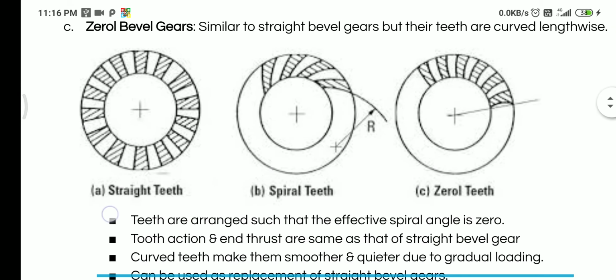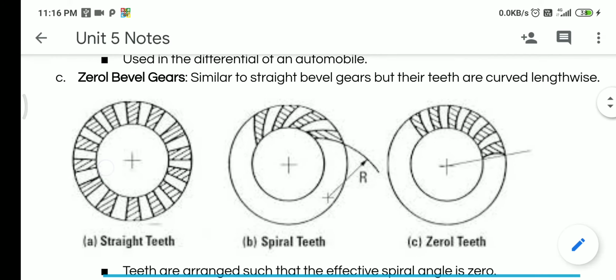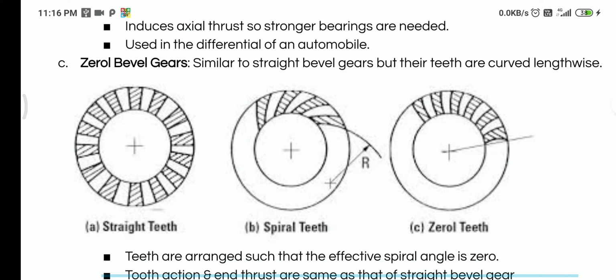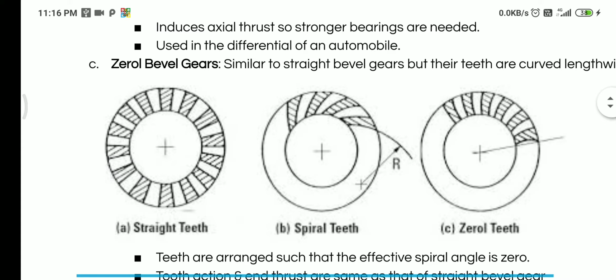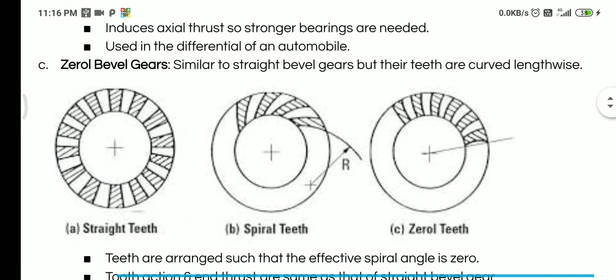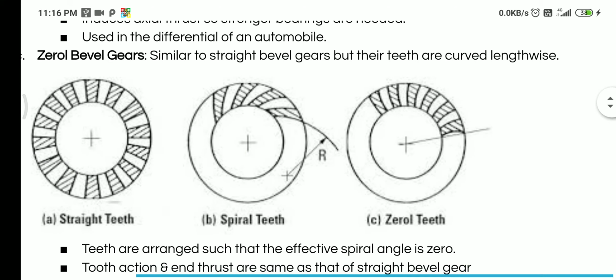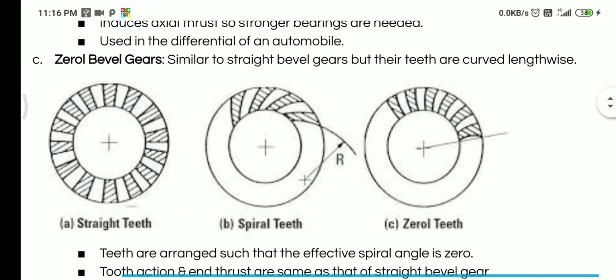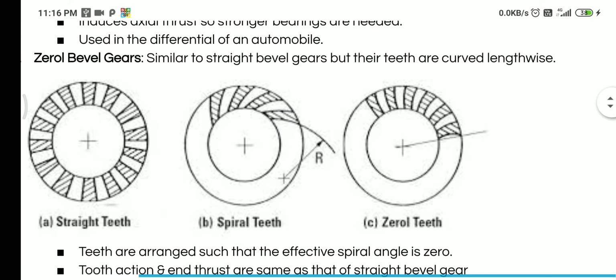Coming to the Zerol bevel gear, this is the third kind of bevel gear, which is almost more like a hybrid between the straight cut teeth and the spiral teeth. You can see here the difference has been shown with the help of three diagrams. Straight teeth is the first diagram, spiral teeth are shown in the second diagram, where you can see the path of the teeth is along a circle.